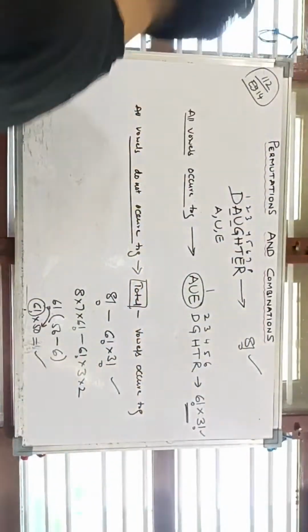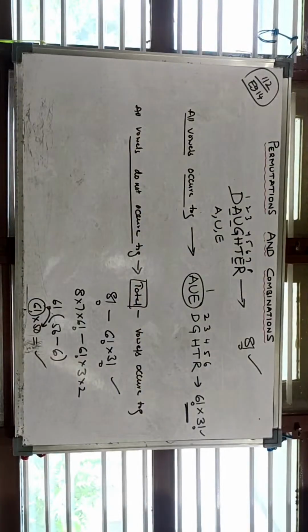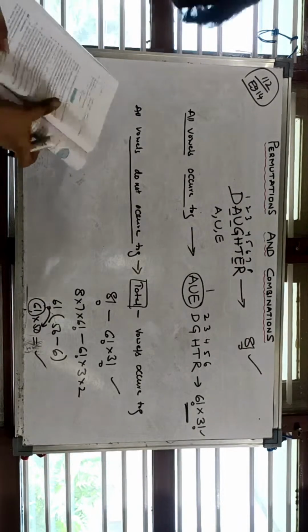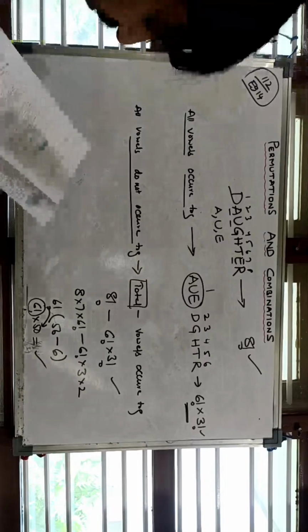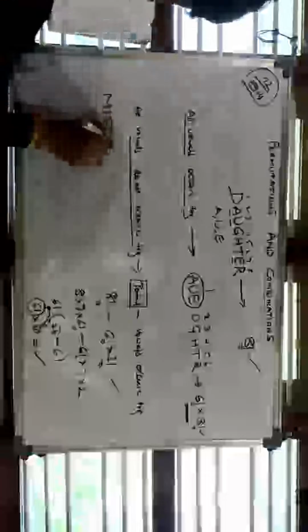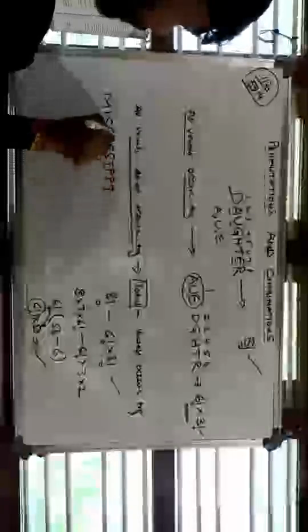In that situation, I am going to discuss one more question. One beautiful question, which is an exercise question: in how many distinct permutations of the letters of Mississippi, how many letters? 1, 2, 3, 4, 4 I's.